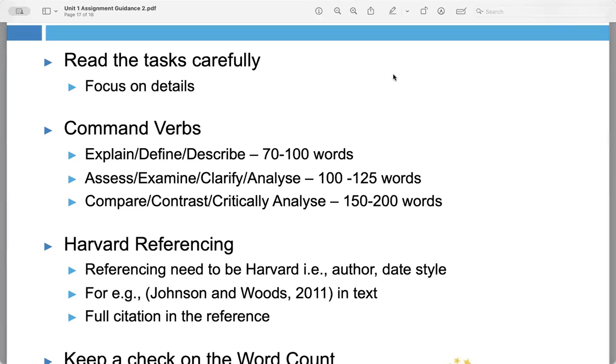Save your document as a Word file or PDF for submission. When your assignment document is ready, you can submit it via the online Moodle platform. I hope by following these steps and adhering to the specified format and submission guidelines, you can ensure that your assignment is well presented and meets the requirements for submission.